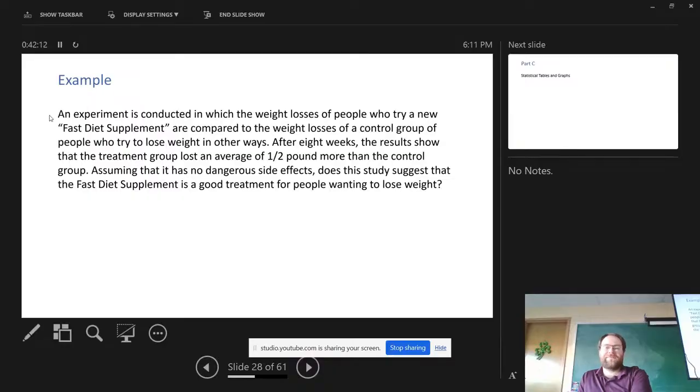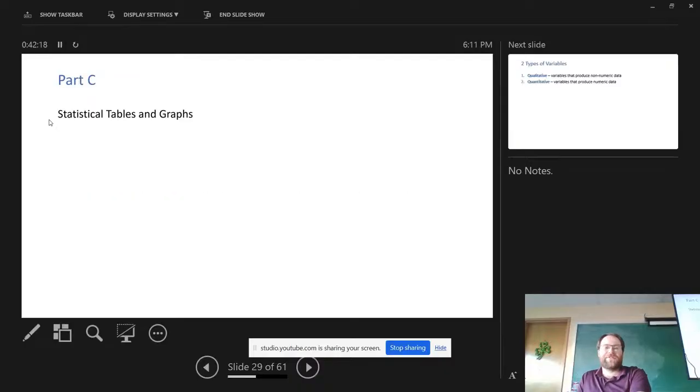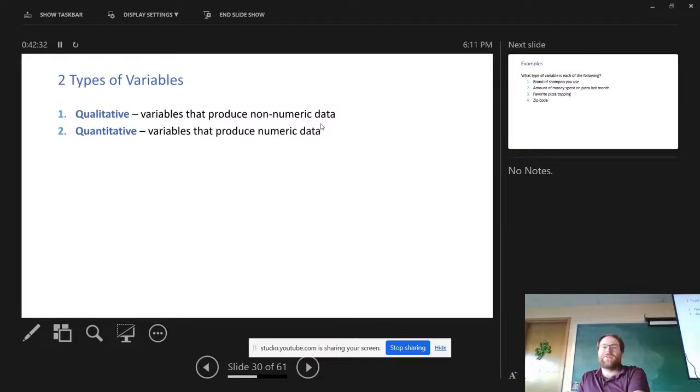But oftentimes in stats, it's collecting the data, but the other piece of it is presenting the data, particularly in tables and graph form. Two types of variables, qualitative and quantitative.